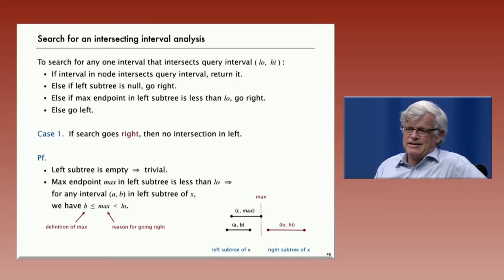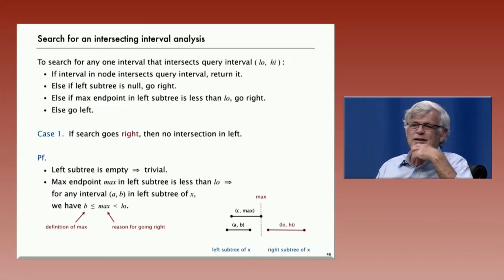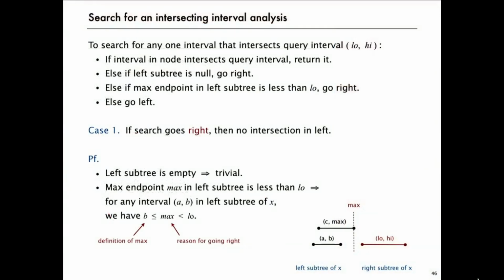We should convince ourselves that it always works, and so we'll spend just a moment on a short proof. Let's look at the cases that could happen. First thing is, if the search goes right, then there's no intersection in the left. That's easy to convince ourselves of just from what we did in the demo.